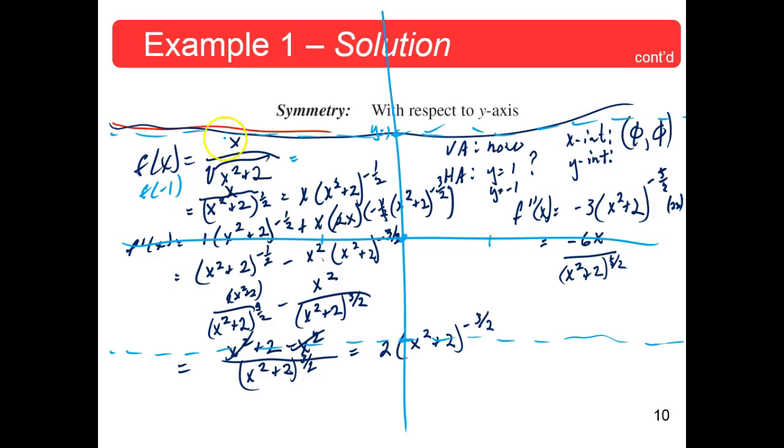F of -1 is x, which will be -1 over the square root of, what's -1 squared? 1 plus 2 is 3, square root of 3. If someone's got a calculator, at least give me a value for -1 over root 3. I know it's going to be negative.